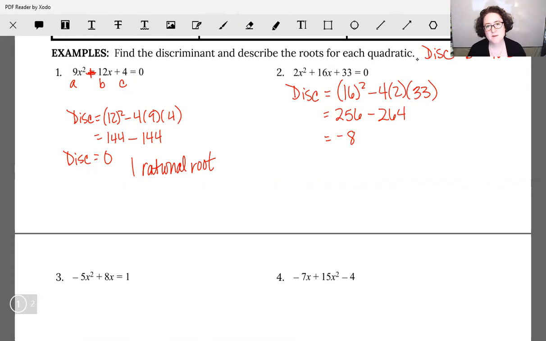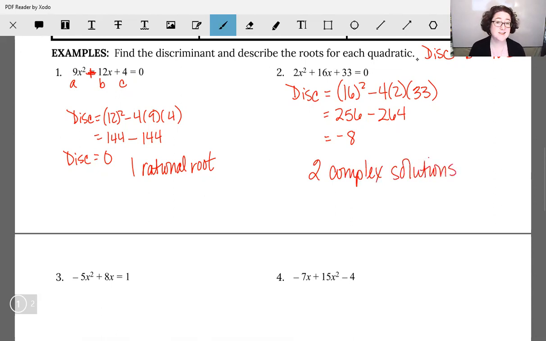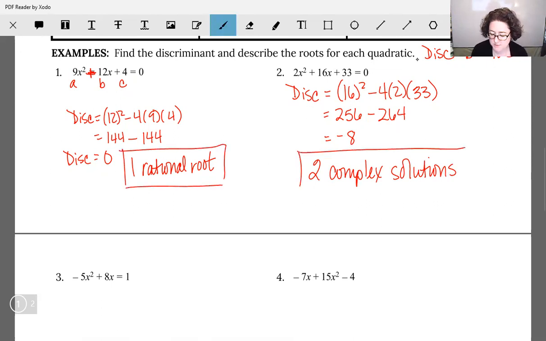So that negative 8 is underneath the radical, which means, what happens when we take the square root of a negative number? That's when we get our imaginary value, which will give us complex answers. So we will have 2 complex solutions, or roots, or answers, or technically x-intercepts, however you want to express it. They are almost interchangeable words.